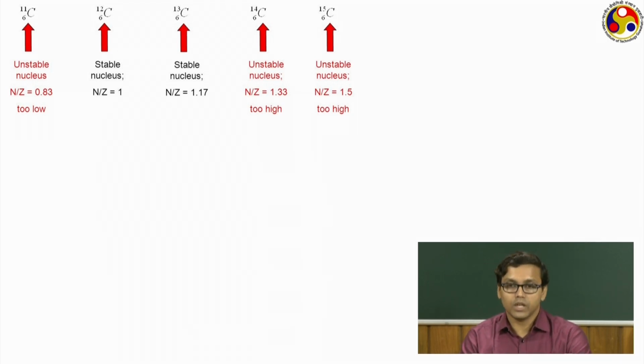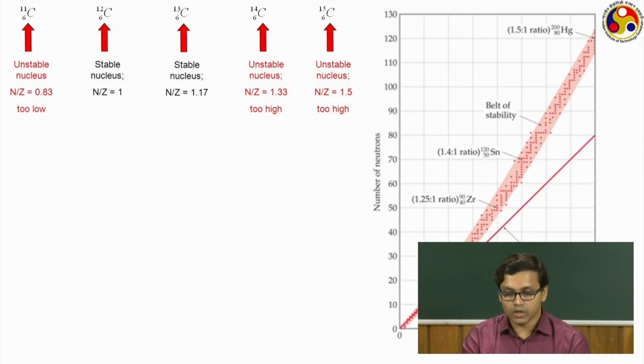Therefore, not only from this but by considering several other isotopes that we can find in nature, we can conclude that any N by Z value just at 1 or slightly above 1 is quite stable, but an N by Z value less than 1 or much higher than 1 generally leads to some kind of unstable nucleus.